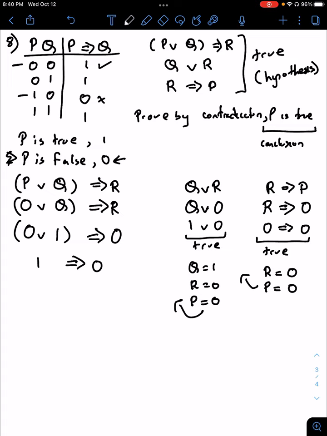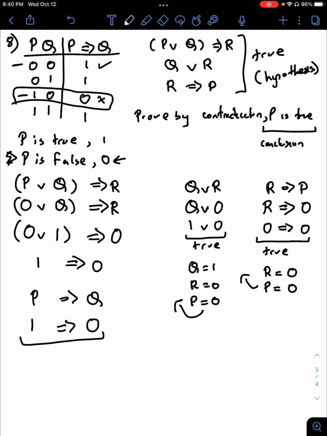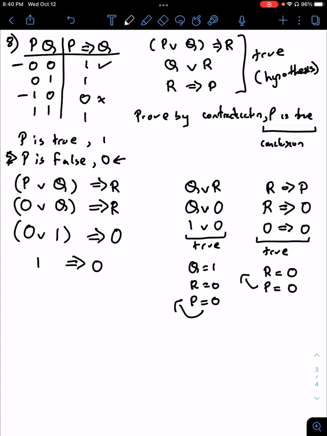Oh, I know. So, look at the truth table. Look back here, right? This thing. P implies Q, right? So let's say P is 1. Let's say Q is 0. 1 implies 0. If you go back here, 1 implies 0. That's false. So, this thing right here, this is false.